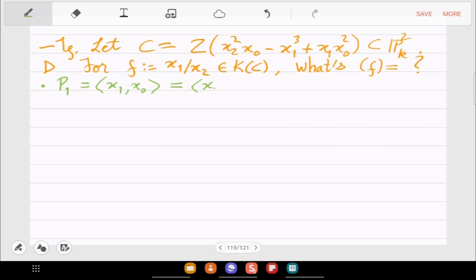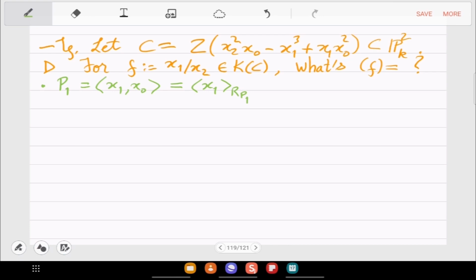Let me pick just x1. So for the DVR, the unique maximal ideal is actually generated by x1, because you can see that x0 is a multiple of x1 from the equation. X0 is just a unit times x1. So x1 I take as the uniformizer, and that defines the valuation explicitly.